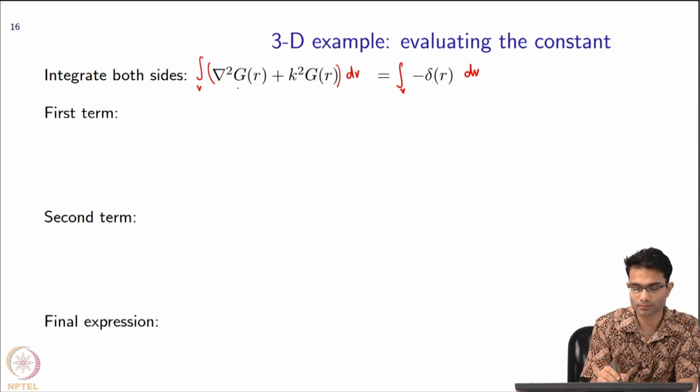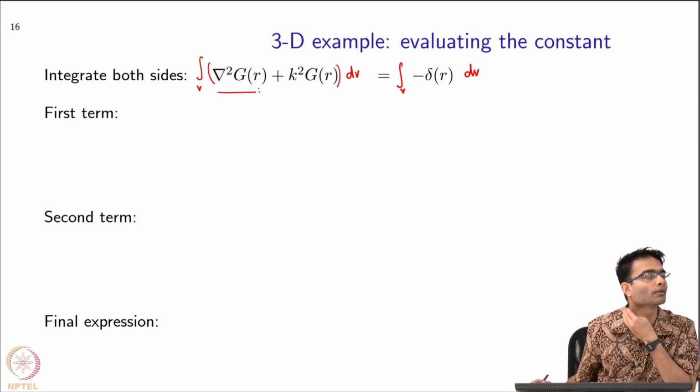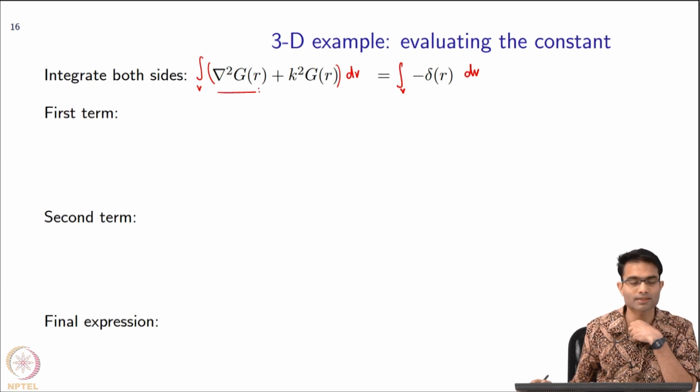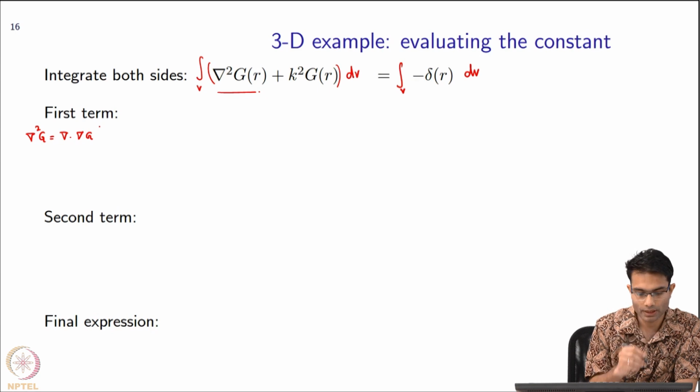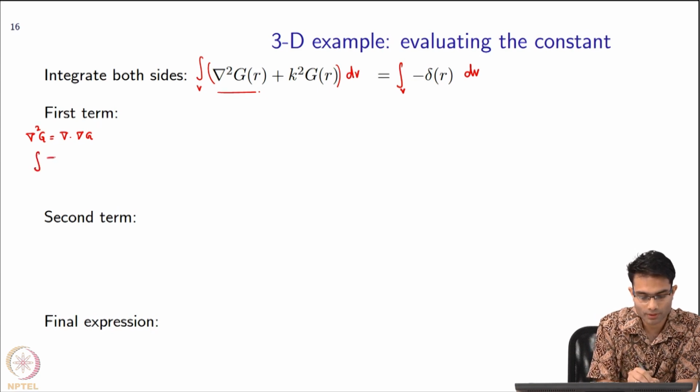Let's look at the first term. I can play the same trick that I had played previously, right. So I should try to write this as the divergence of something, right. So I can write del squared g as divergence of grad g, right, and then I have an integral over the volume dV, right. So this will become what?